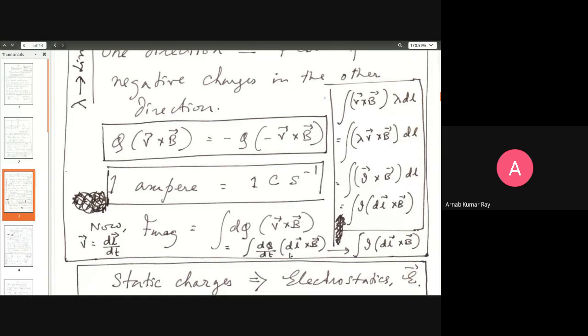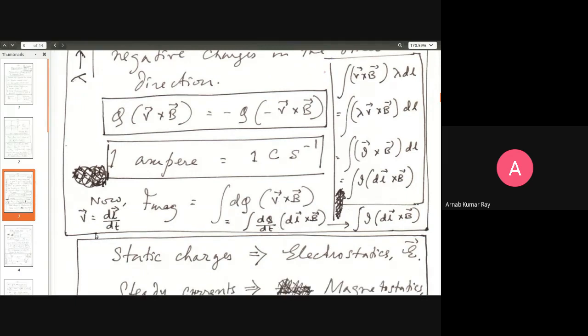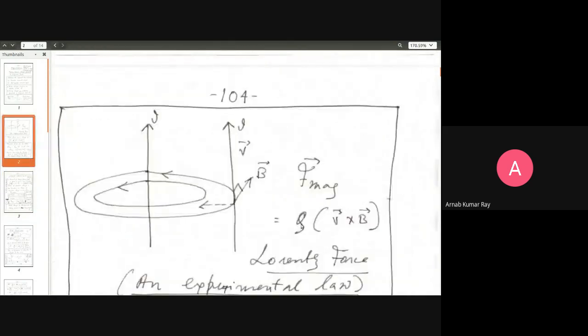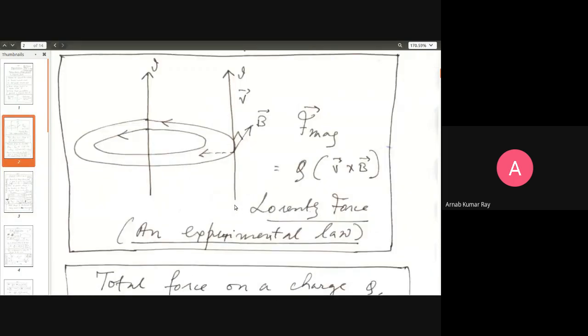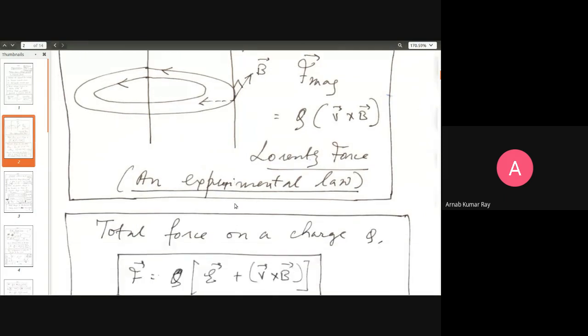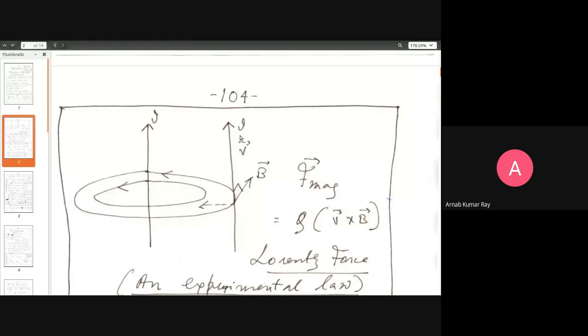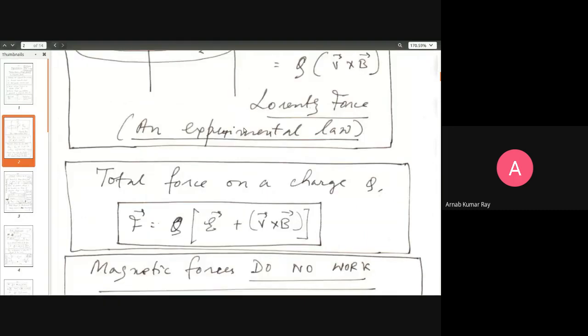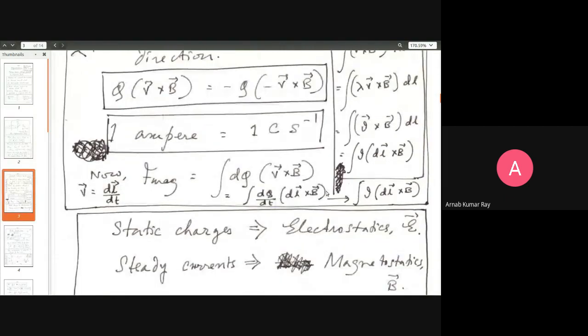Here we have it in a much simpler fashion, dq into v cross B. You write v as dl/dt, as you have over here, and then this dt you shift below dq. dq/dt will be your current, I. So when you want to write this Lorentz force formula for an infinitesimally small amount of charge flowing in an infinitesimally small amount of time dt, in terms of the current I instead of q, this is the formula: I dl cross B, and then you have the integral over there.